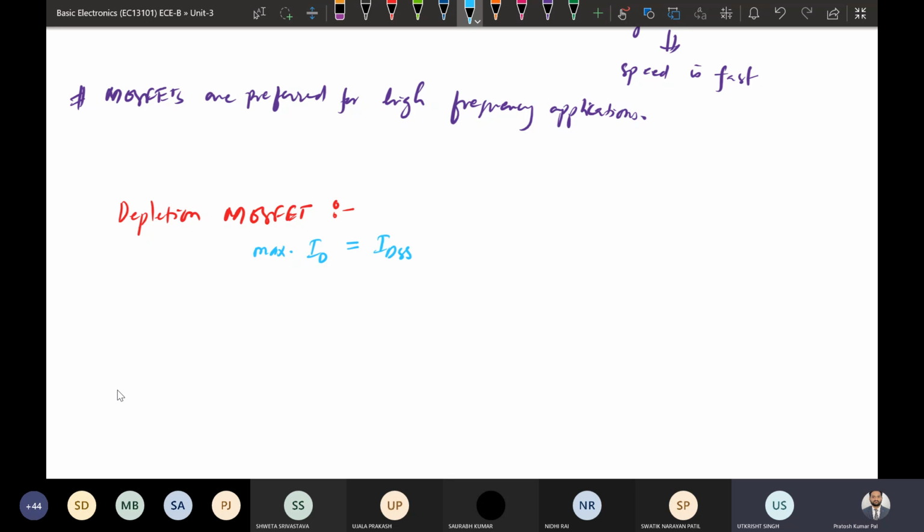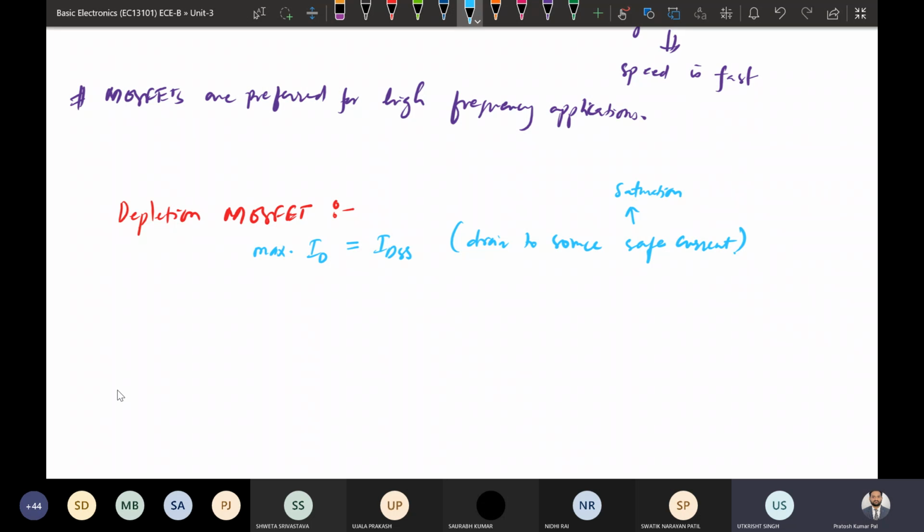Okay, so this is the drain to source safe current, or I call it the drain to source saturation current.